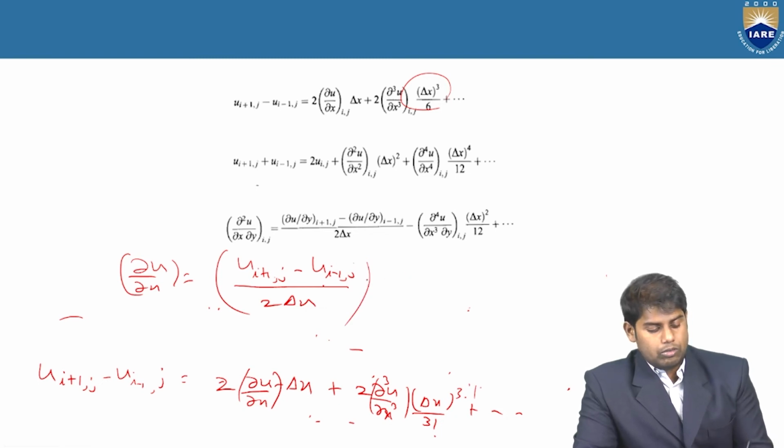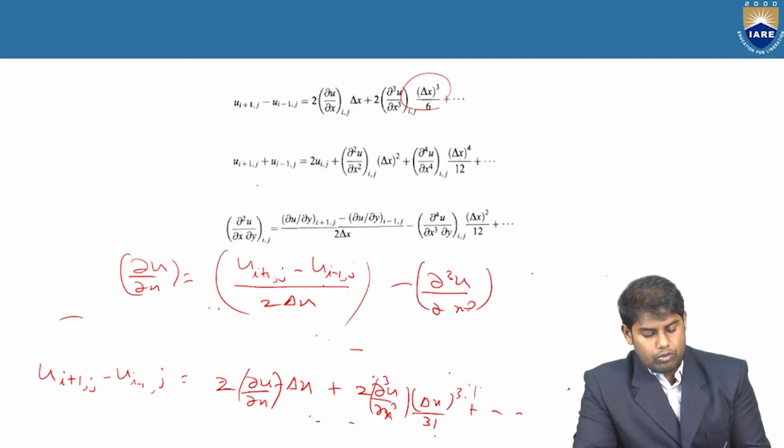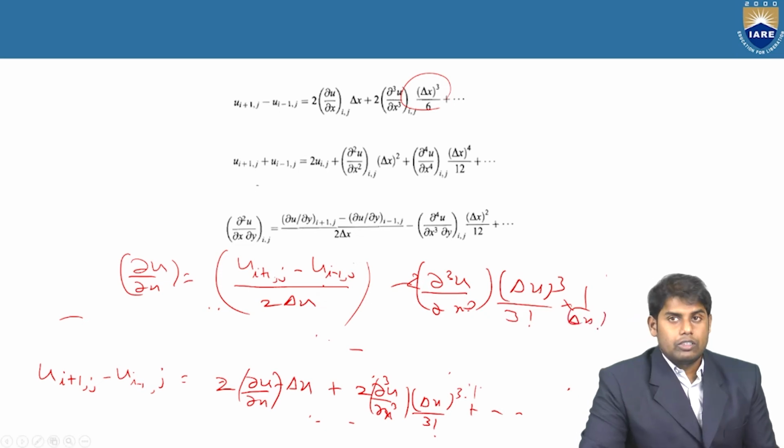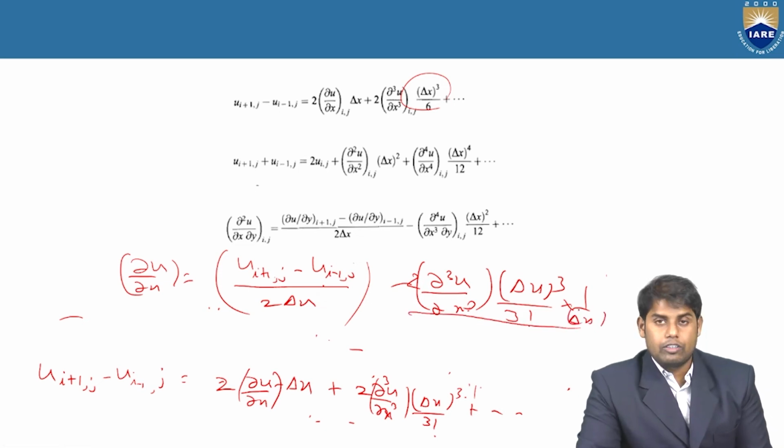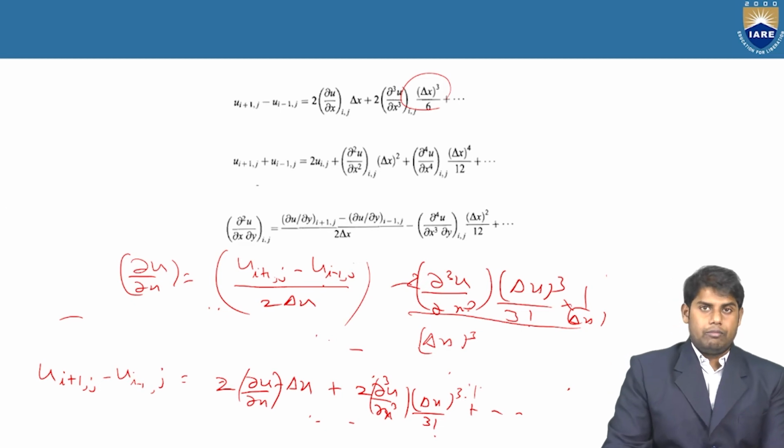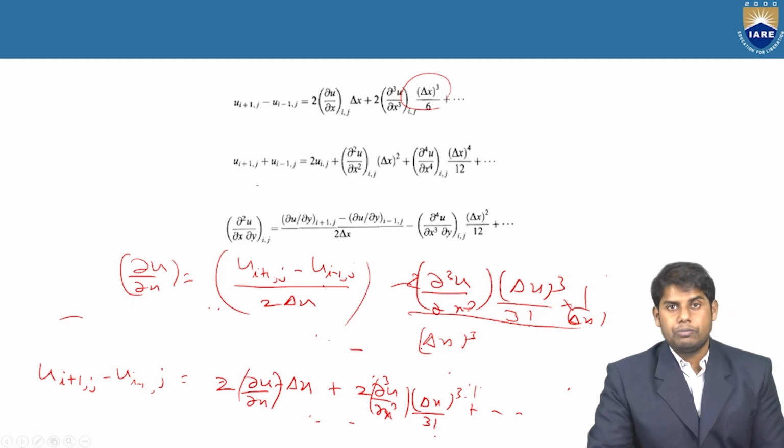Then minus ∂³u/∂x³ into 2 times Δx³ divided by 3 factorial into 1 by Δx. So here the truncation error term is Δx². Therefore the central difference scheme is second order accurate in space.